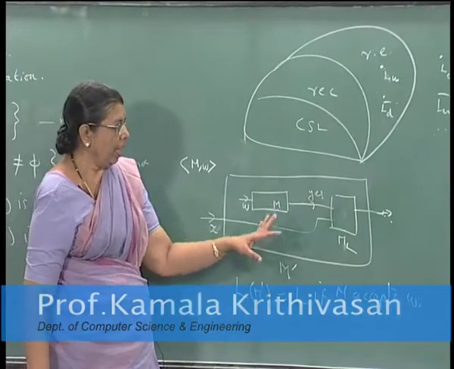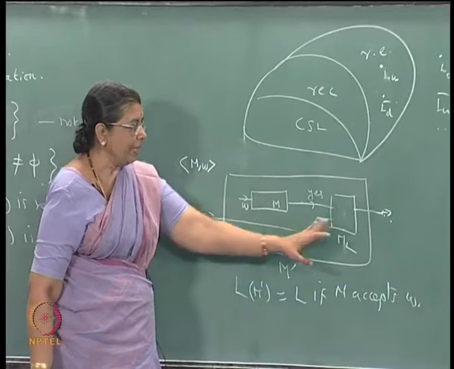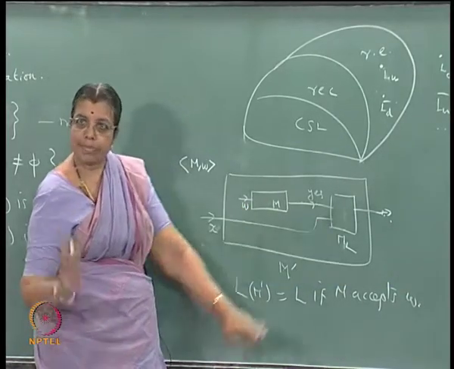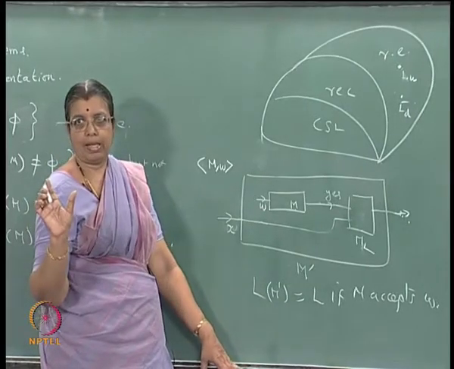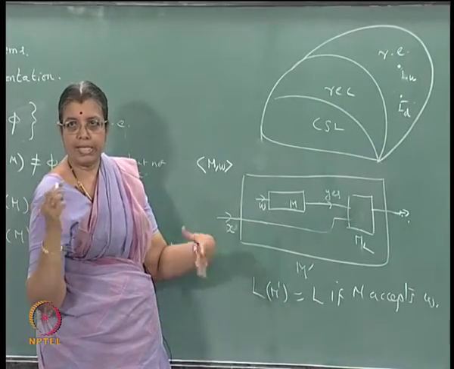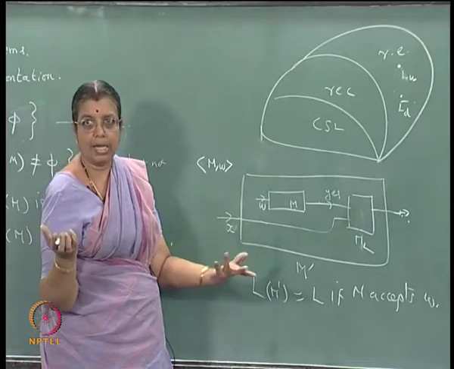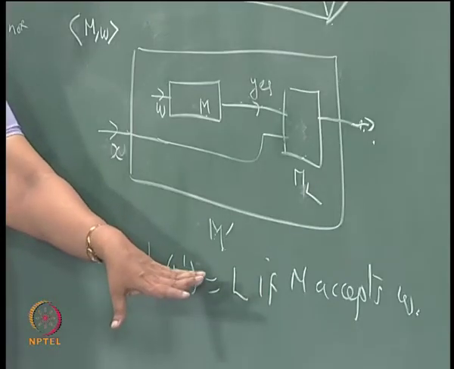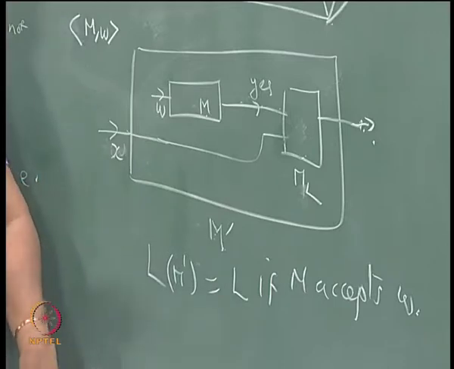Whichever string is in L, it will accept, whichever string is not in L, it will not accept. So, L of M dash will be L if M accepts w.